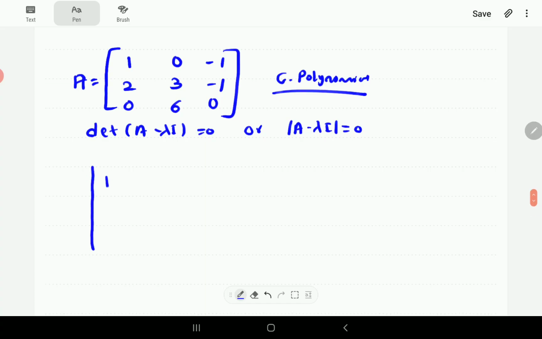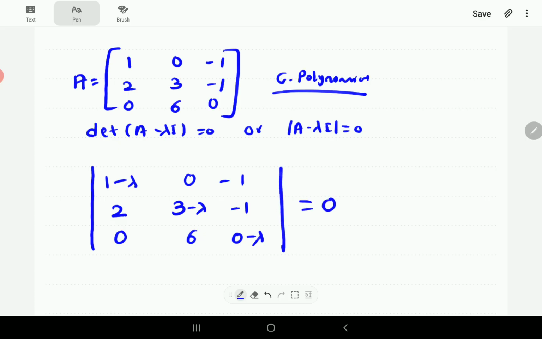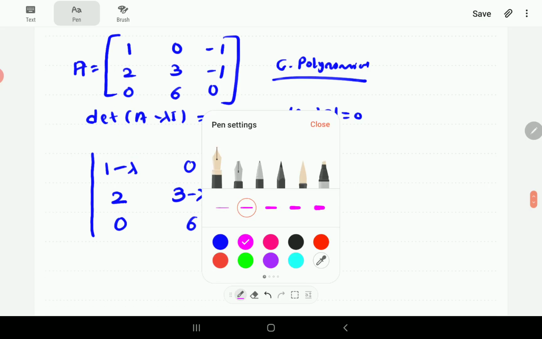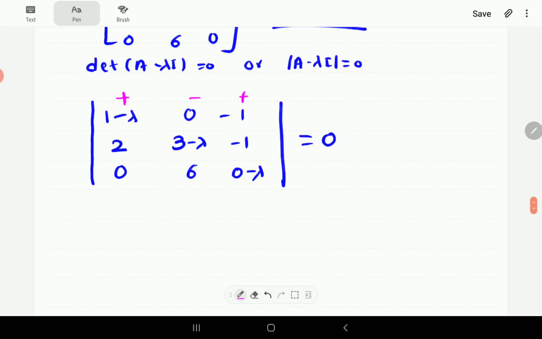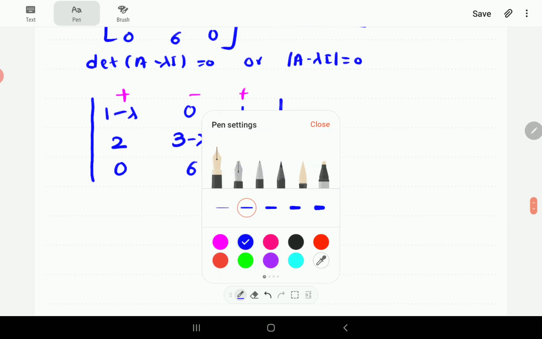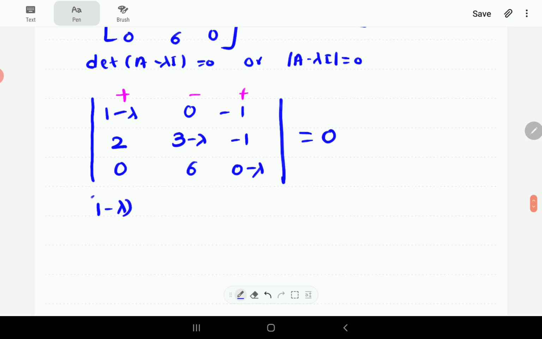Just subtracting the lambda value from the diagonal values, you get this: 1 minus lambda, 0, negative 1; 2, 3 minus lambda, negative 1; 0, 6, 0 minus lambda. This is equal to 0. Simply computing the determinant, we get 1 minus lambda into 3 minus lambda into negative lambda, plus 6.